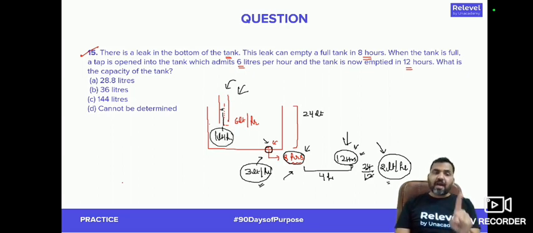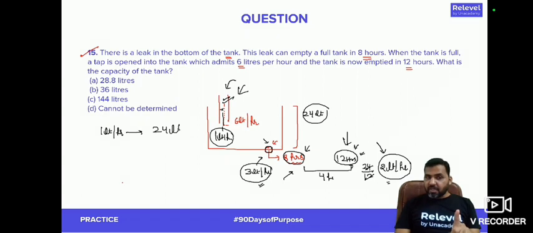Now if this inlet tap which is throwing water inside the tank is putting in 1 liter of water per hour inside the tank, then the tank capacity is coming out to be 24 liters. But the actual capacity of this tap is not 1 liter per hour. This 1 liter per hour is coming because of our assumption.